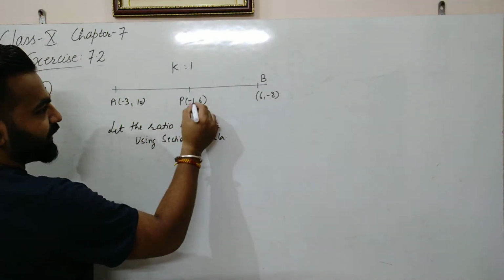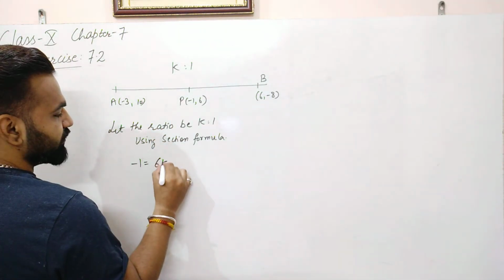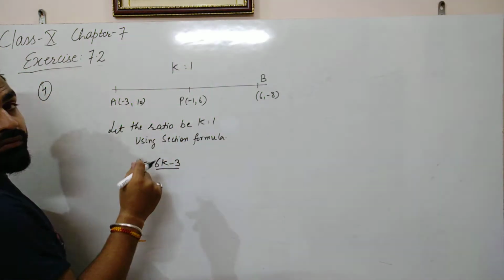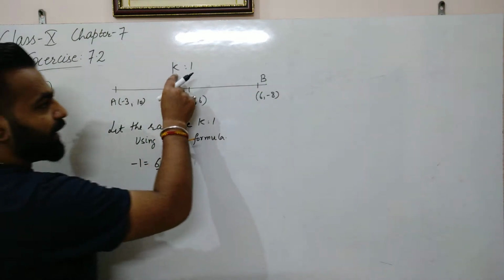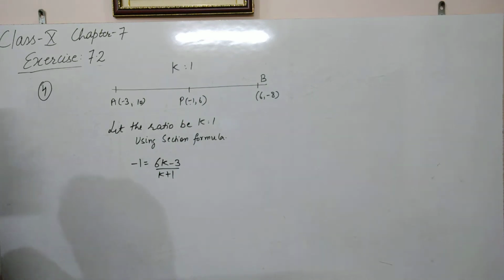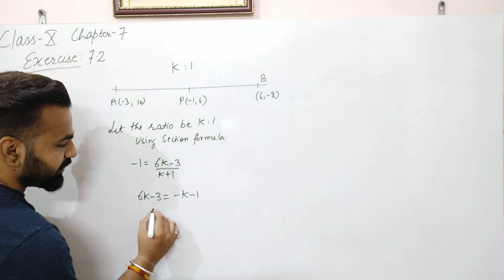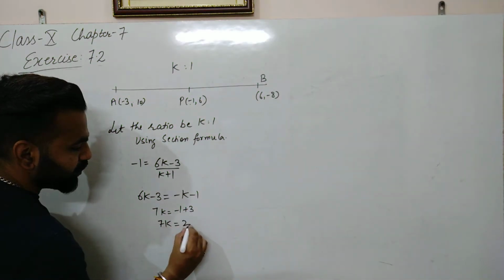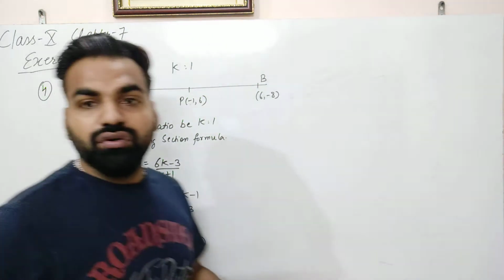The x coordinate here, that is minus 1, will be equal to mx2, k into 6, 6k, minus n into x1, minus 3, upon m plus n, that is k plus 1. mx2 plus nx1 upon m plus n, this is equal to the x coordinate here. So now we will solve this. 6k minus 3 is equal to minus k minus 1. This will be equal to 7k is minus 1 plus 3. 7k will be equal to 2. K is equal to 2 by 7.